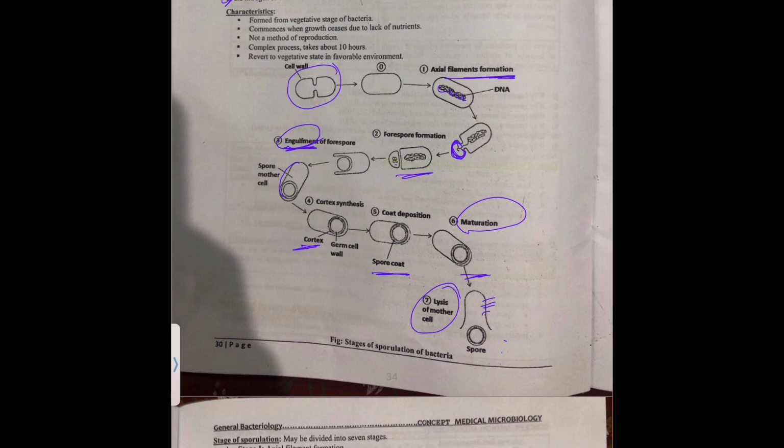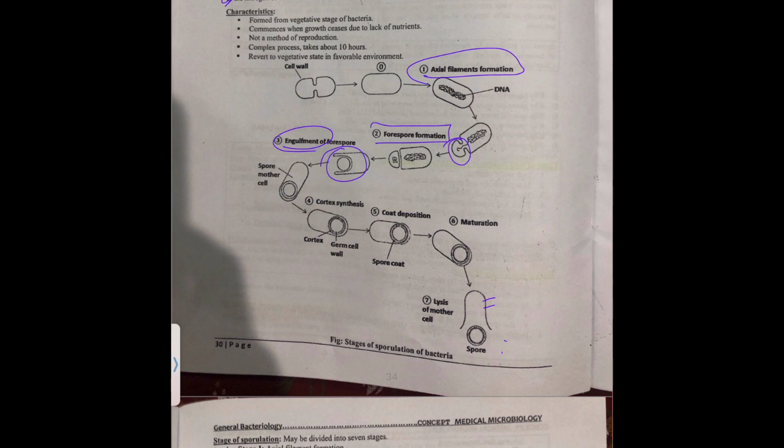Clear? Firstly, axial filaments were formed. Forespore was formed next. Then the forespore was engulfed. Then cortex and coat were deposited. Then after the spore became mature, the mother cell got lysed and only the spore remained.